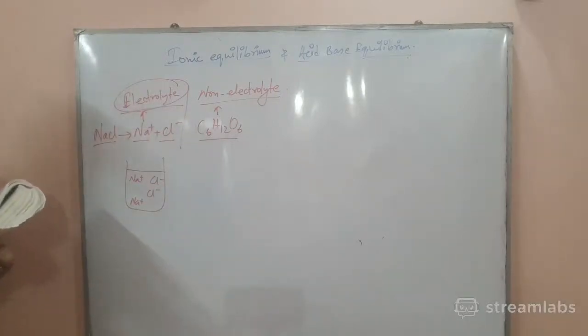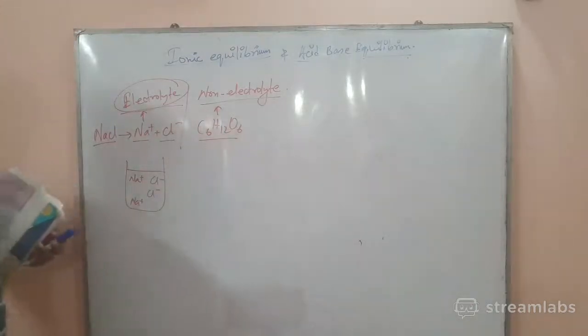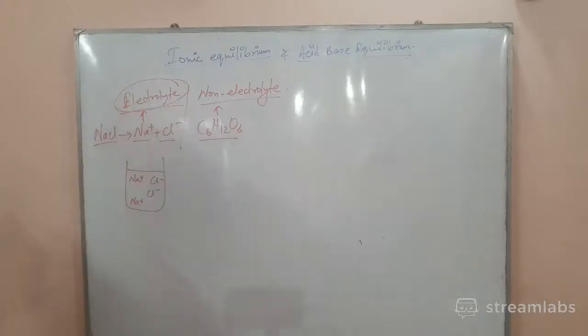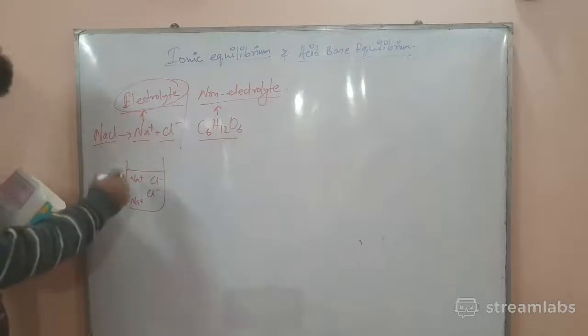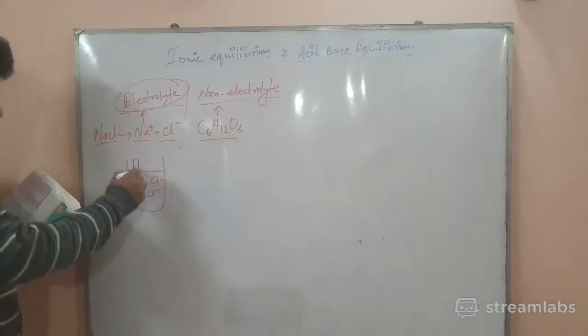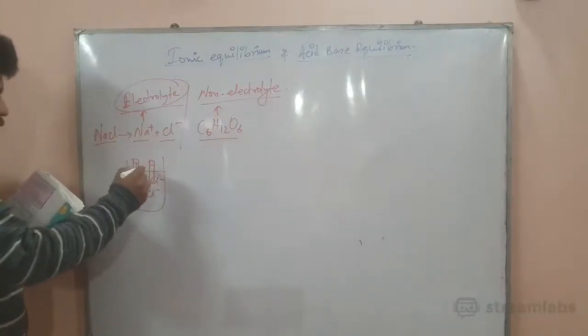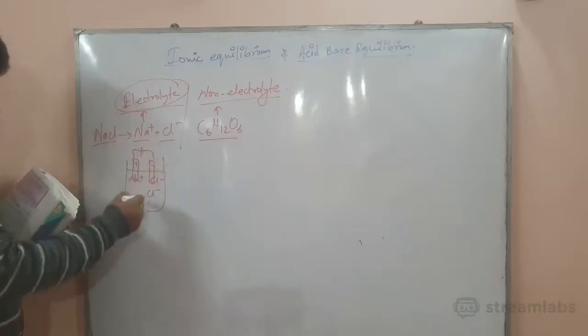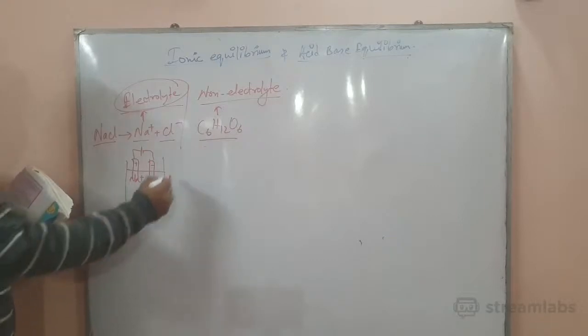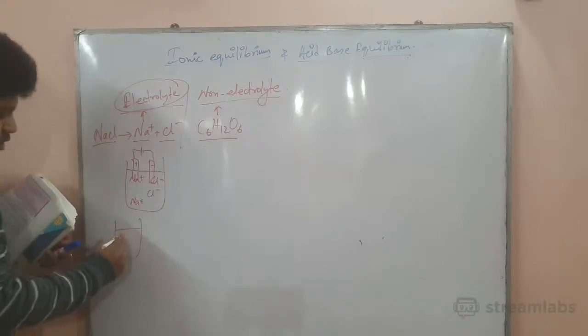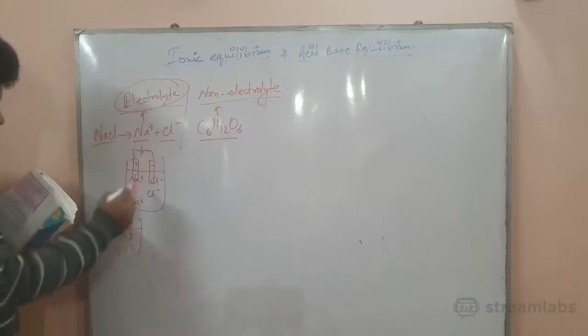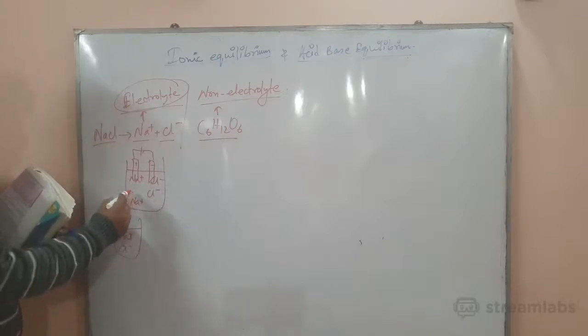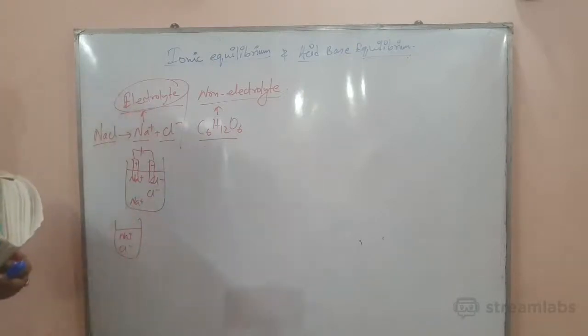Now, no such thing will occur in any of the non-electrolytes. They will not be broken down into their constituent ions, so there will be no conduction of electricity. If an anode and a cathode are put in an electrolyte solution, the ions that were moving around randomly will, due to the application of potential difference, be subjected to specific movement.